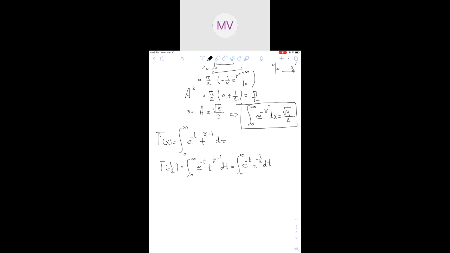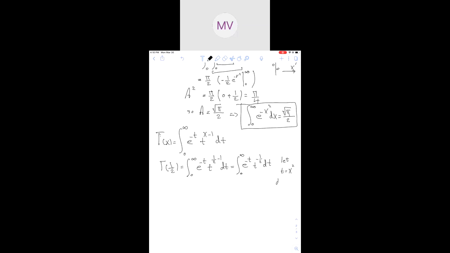This integration, we don't want to waste our time doing by parts. Let's do one simple substitution. Okay, and this is my substitution. Let's go ahead and let t be x squared, and you'll see the reason.